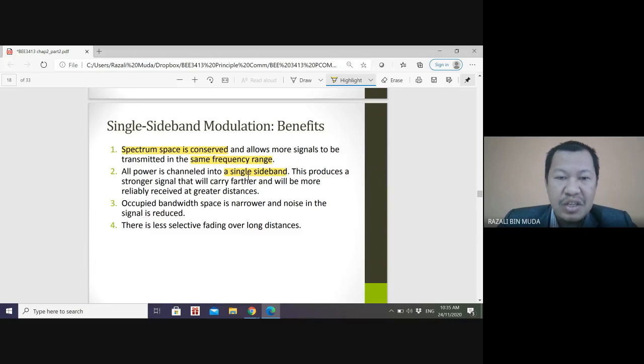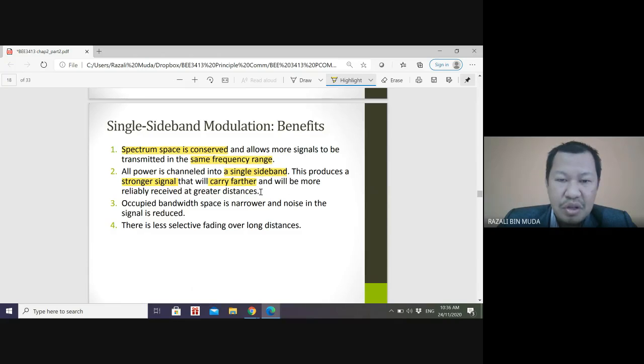So what you send is just that sideband, and all the power you send is just for that single sideband. This produces a stronger signal that will carry further and will be more reliable. You can send it a longer distance and it will be more reliably received at greater distance.